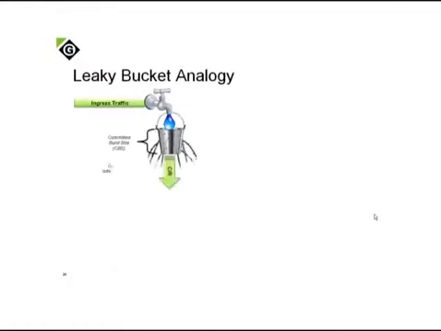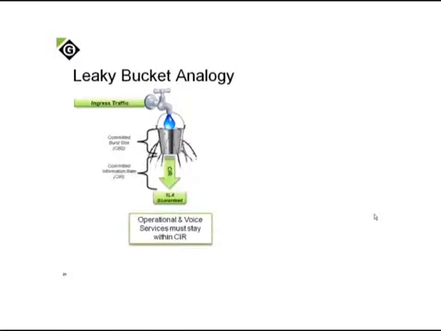So the easiest way to think about this is like a leaky bucket. You'll hear people say leaky bucket analogy, so I just want to take a second and explain what the heck a leaky bucket analogy is. Say we're at a substation, and we're going to generate what's called ingress traffic. This is traffic that's being pumped into the upstream network. It's ingressing the network.